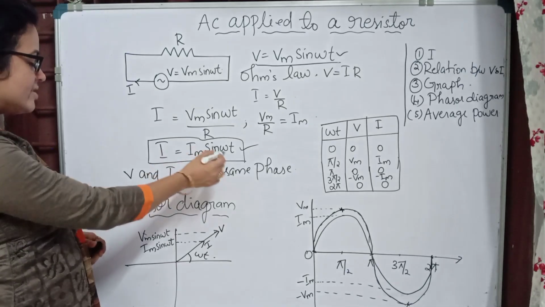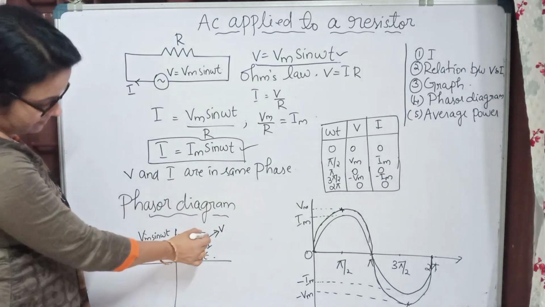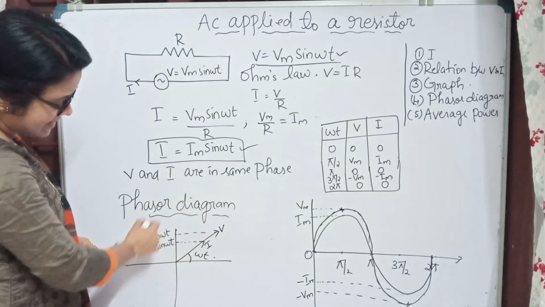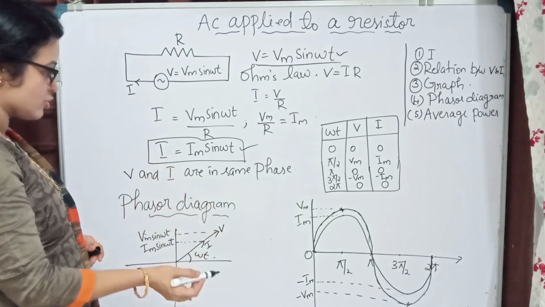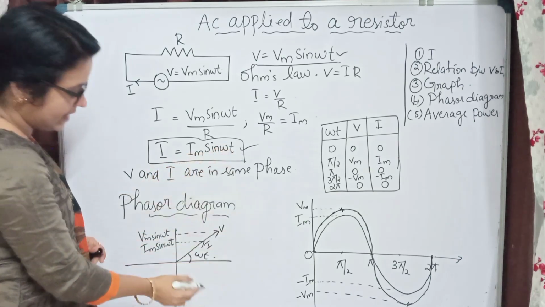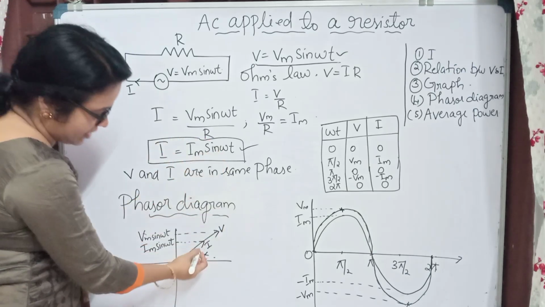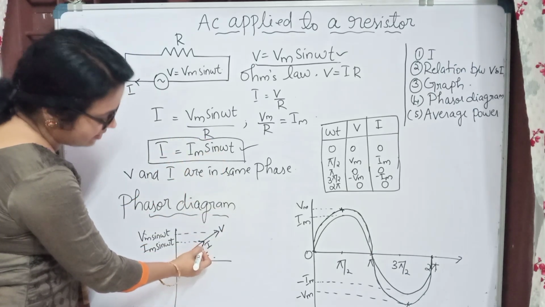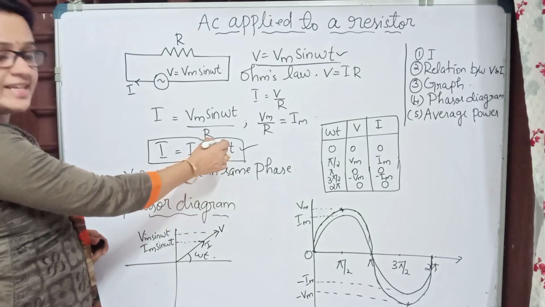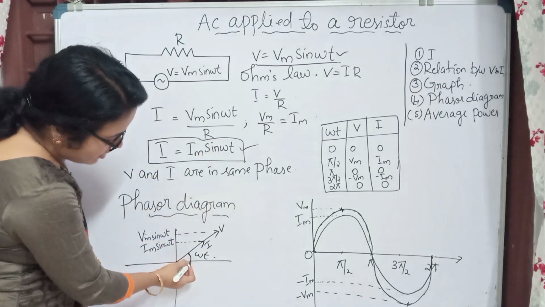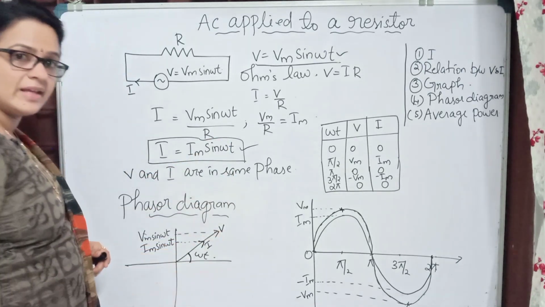Then what about current? In the same way, because in the same diagram we have to mark current also. Im sin omega t again. So I will be a little bit less than voltage, right? So we mark the magnitude over here, and with sin omega t itself the angle will be the same. Clear?